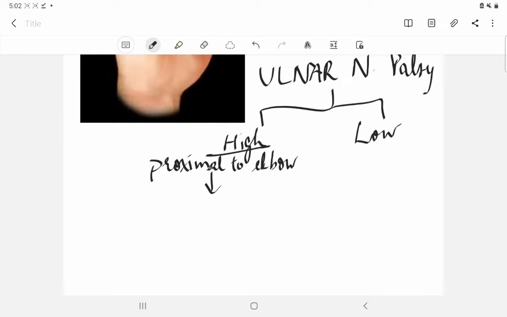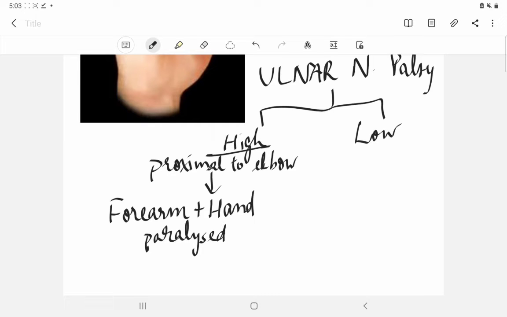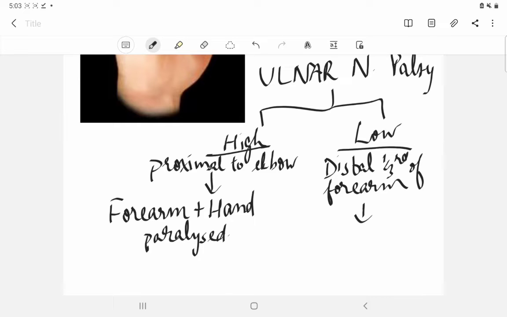The muscles supplied by the ulnar nerve in both the forearm as well as the hand get paralyzed. And what happens in a low ulnar nerve palsy? In a low ulnar nerve palsy, the injury occurs in the distal third of the forearm. So only the muscles of the hand are paralyzed.